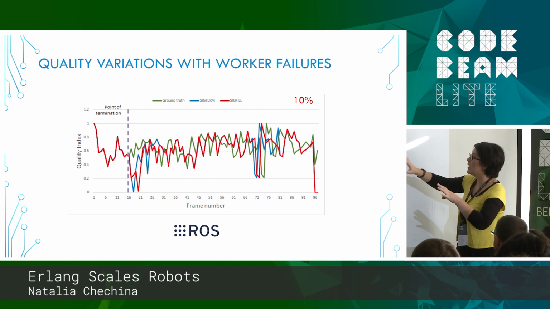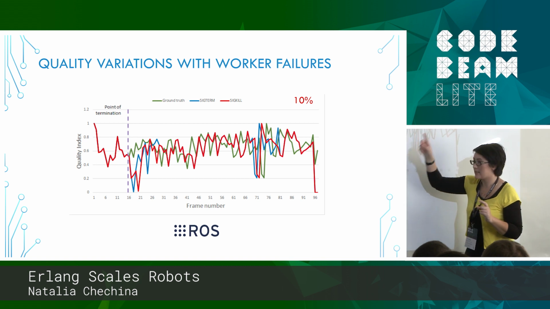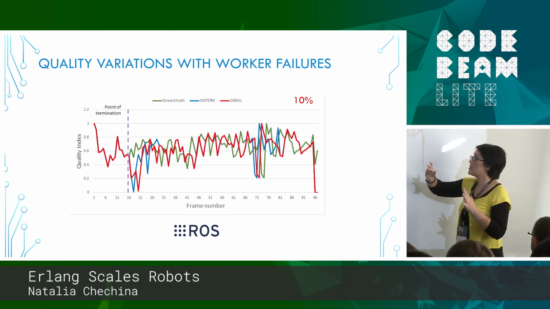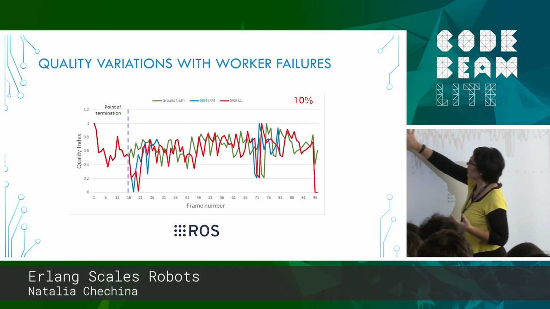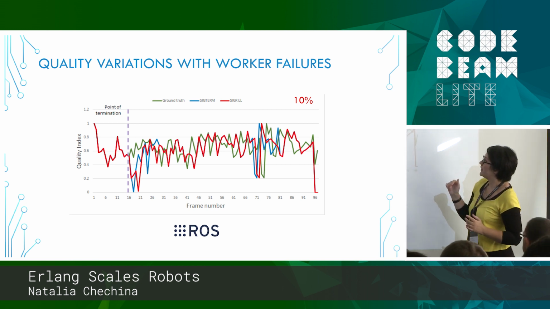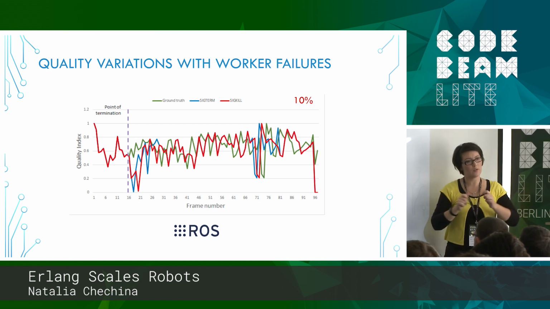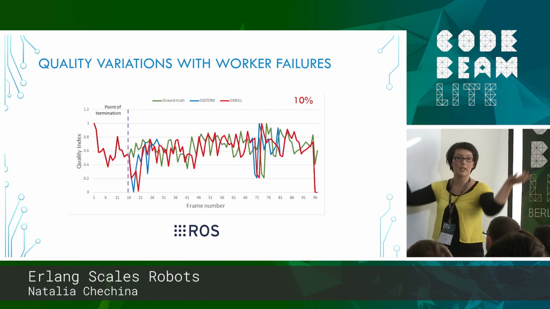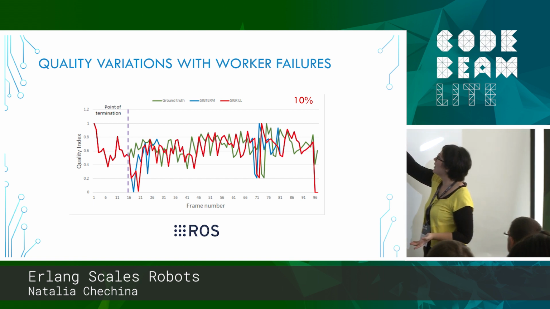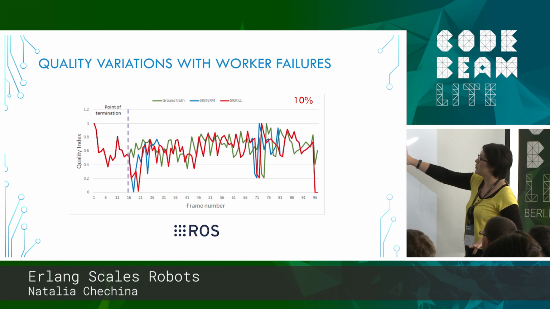The green one is when everything was fine, and you don't look at up and down, what you look at is that they need to concur, they need to remain the same. The blue one is when we did a gentle kill: we sent a kill request and they were gently terminated. And the red one is that we just terminated, didn't ask anybody. And this is what we've got.